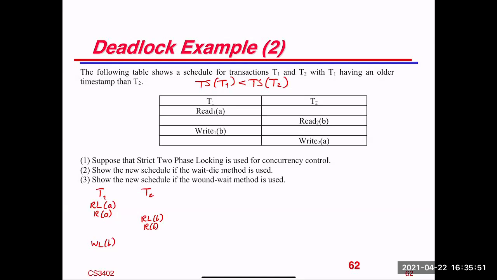So why am I blocked? Well, because transaction T2 has already acquired a read lock on B.